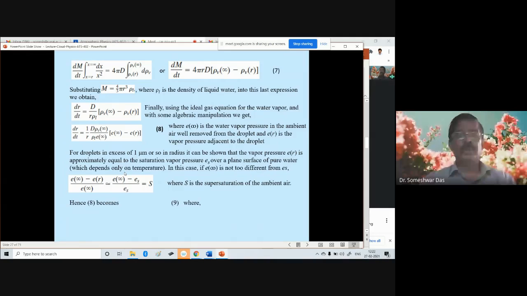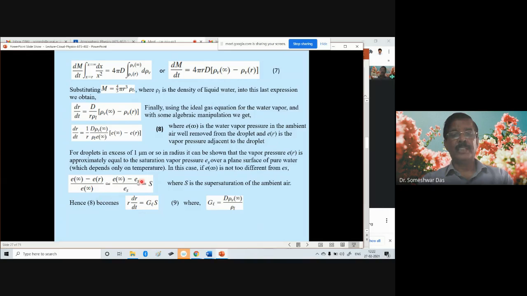So this equation 8 then becomes r dr by dt equal to G_l times S. To simplify further, G_l is equal to D times rho v at infinity divided by rho l, from this equation.